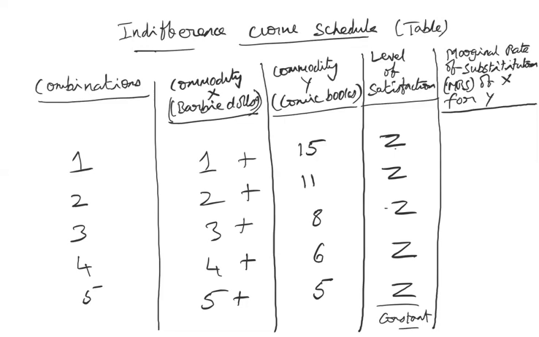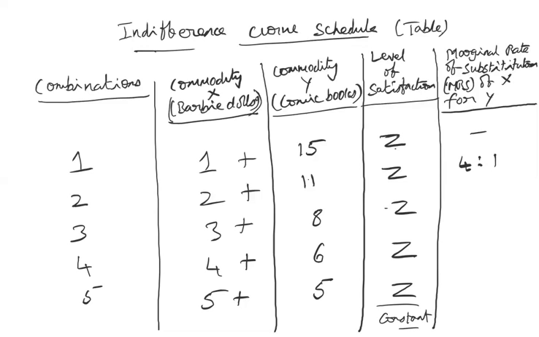Now, what you are finding here, initially she's willing to sacrifice 4 units of comic books for one additional Barbie doll. So 4:1. And later on, you find that the number of comic books she's willing to sacrifice keeps on decreasing.